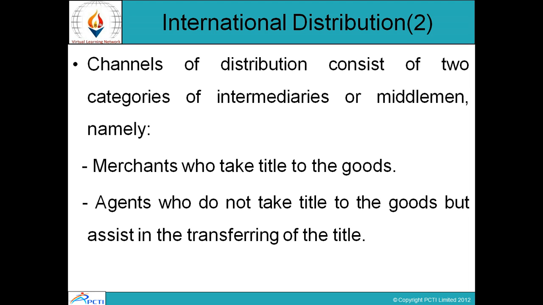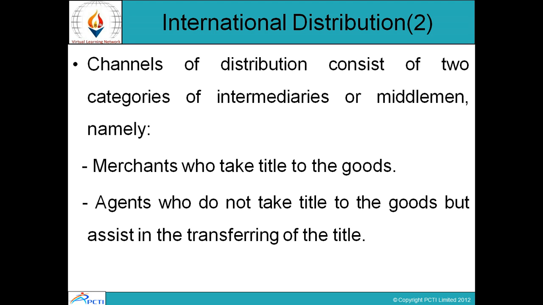When we talk about channels of distribution, they basically consist of two categories of intermediaries. Intermediaries are basically the middlemen who work as a focal point from where the products are made available to the end consumer.